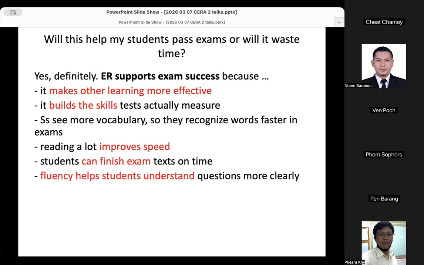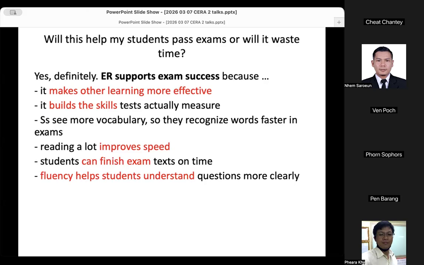Fluency also helps understanding. If you remember, many questions on tests nowadays are not what, why, where, when, who questions. That's a long time ago. Recently, the questions are, what did he imply when? Write a summary of the text. Now, these are higher order thinking questions.